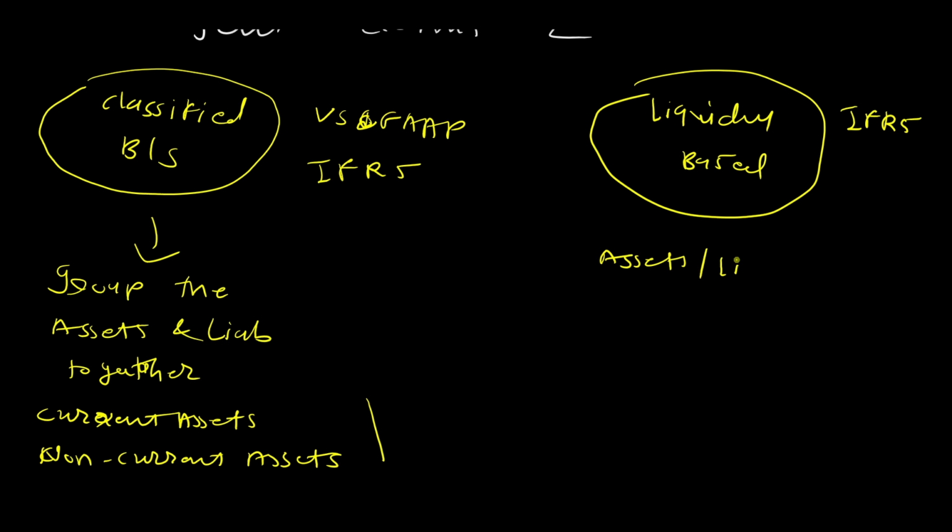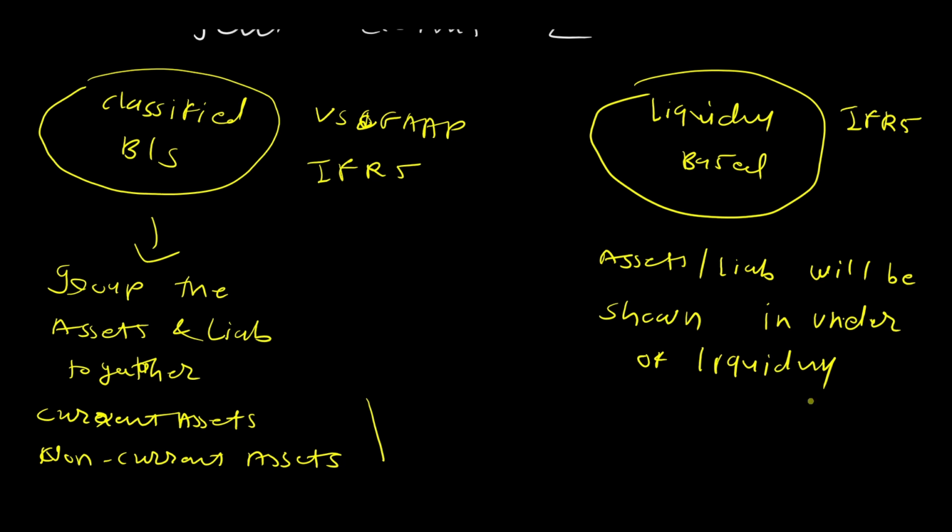Assets and liabilities will be shown in order of liquidity in the balance sheet, from most liquid to least liquid.